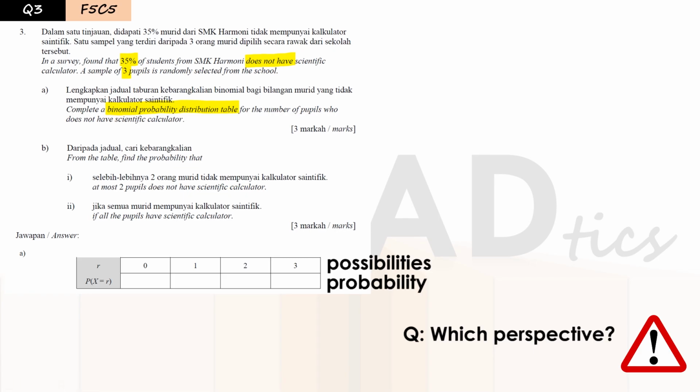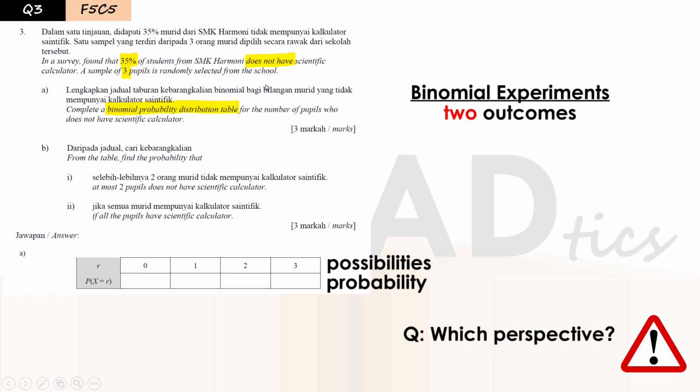If you recall the definition of binomial experiments, each experiment will always have 2 outcomes, for example left or right, up or down, heads or tails. In our experiment, it will be whether the pupil does not have or has a scientific calculator. So our outcomes would be do not have or have a scientific calculator.